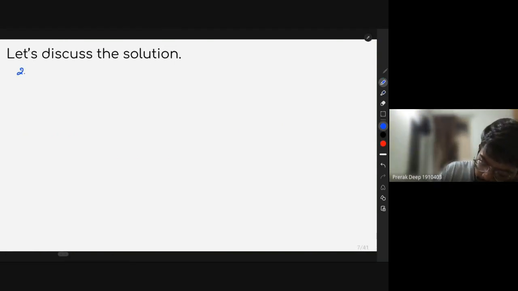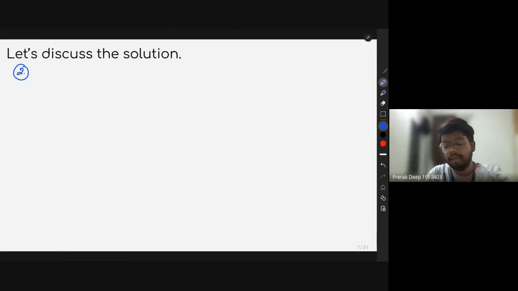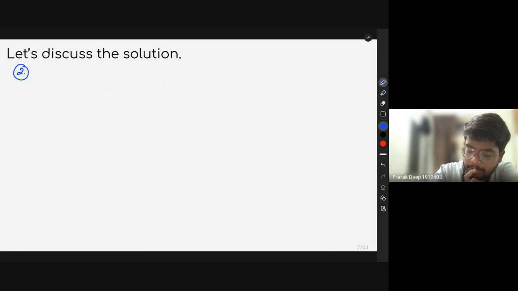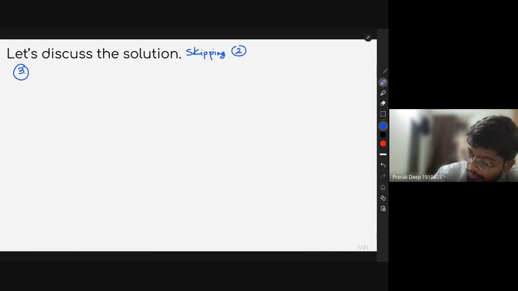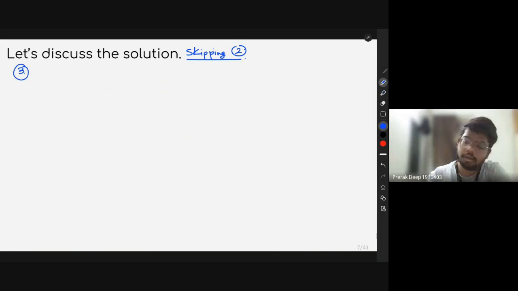So in part two, we have to prove the triangle inequality. So let me skip that part for now. Let's prove the third property first. So what is the third property?